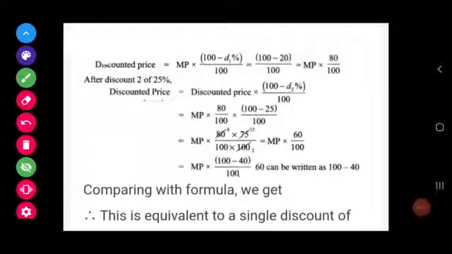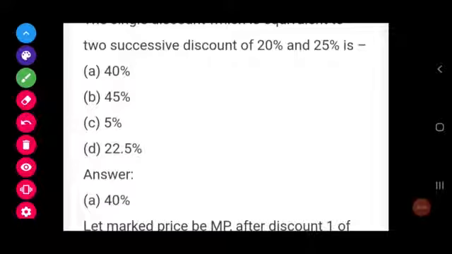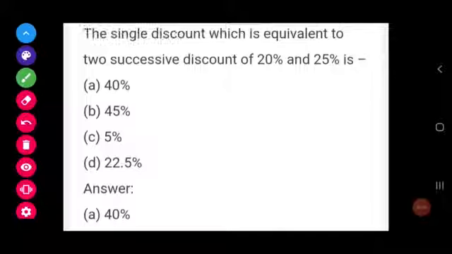Okay. Now we can write this one as the 60 as 100 minus 40. So the single discount will be 40%. Okay. The single discount will be 40%. So to give successive discounts of 20% or 25%, we can give directly the discount 40%. So option A is the correct answer. Clear?